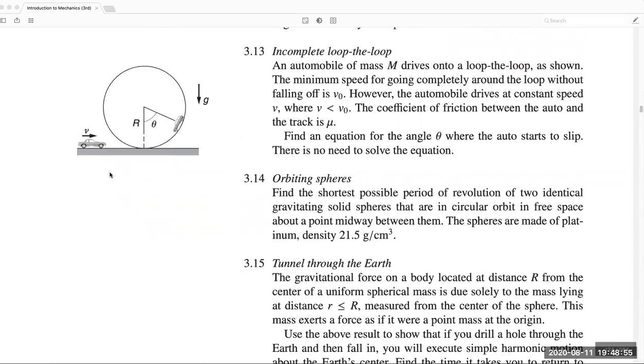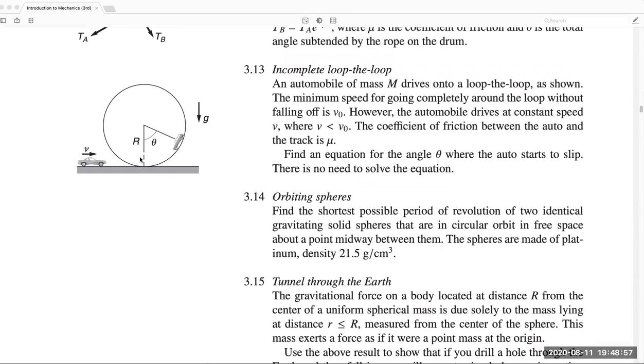But in this question, we need to use it because one variable is not a constant. If everything is constant, then that's fine. You don't need integration. But in this case, one variable depends on the angle theta. Of course, the speed depends on it.